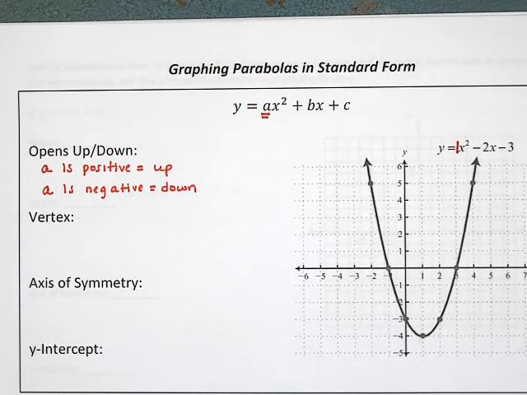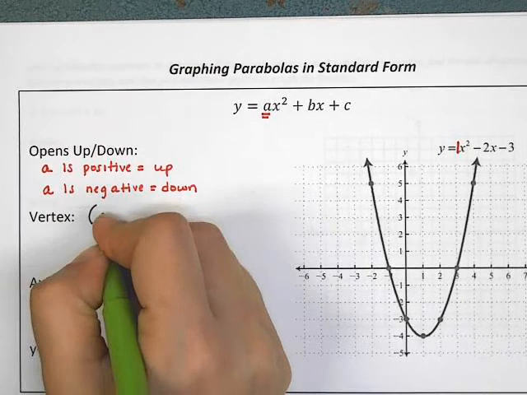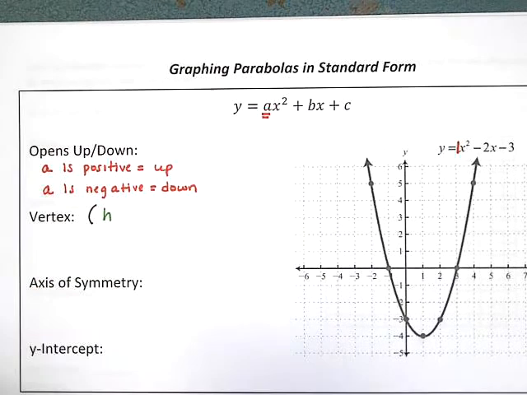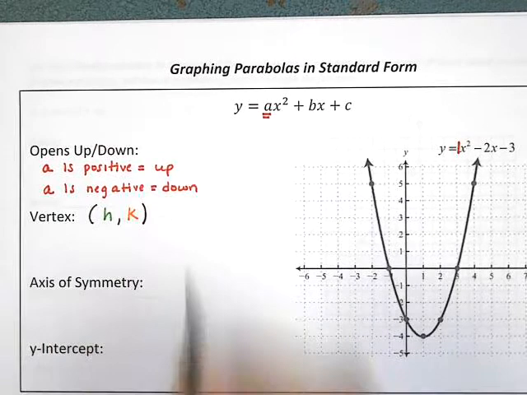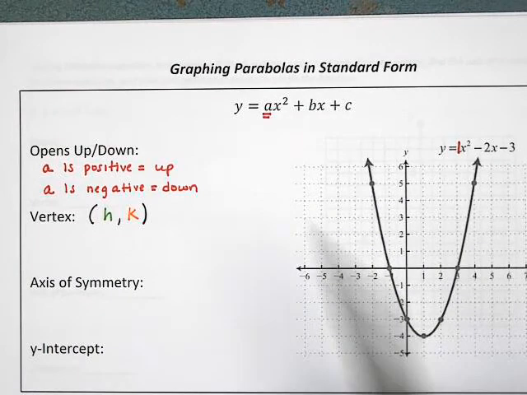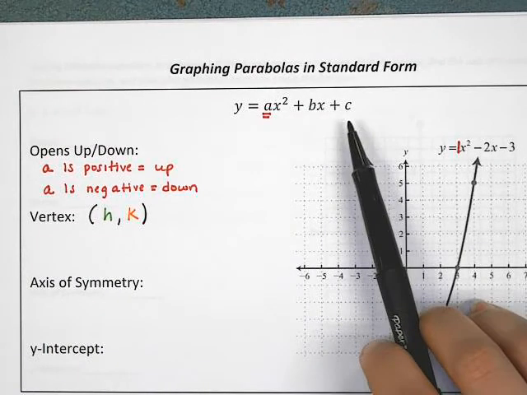Now the vertex of your parabola has two parts. You're going to need an x, which we usually call your h, and you're going to need a y, which we usually call your k. Now in this problem, it's not quite as easy as just looking at some of the numbers in the equation to figure these out.